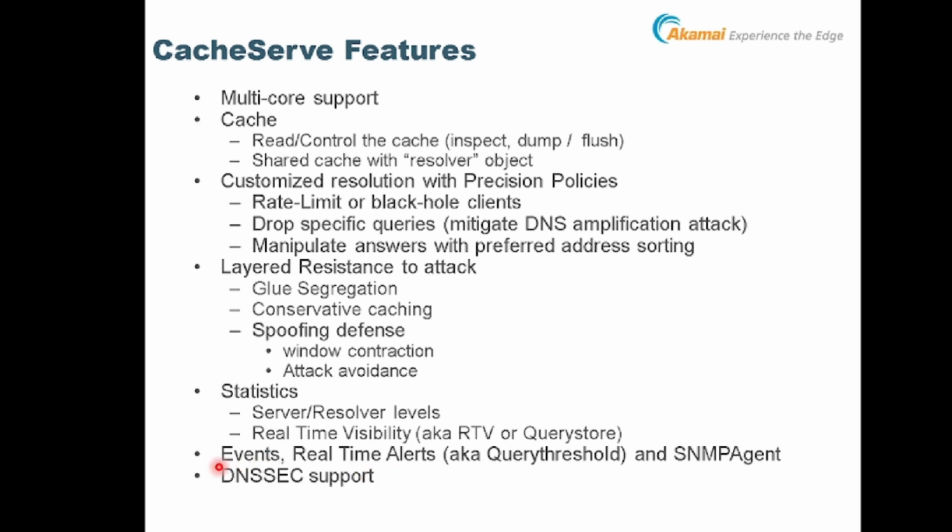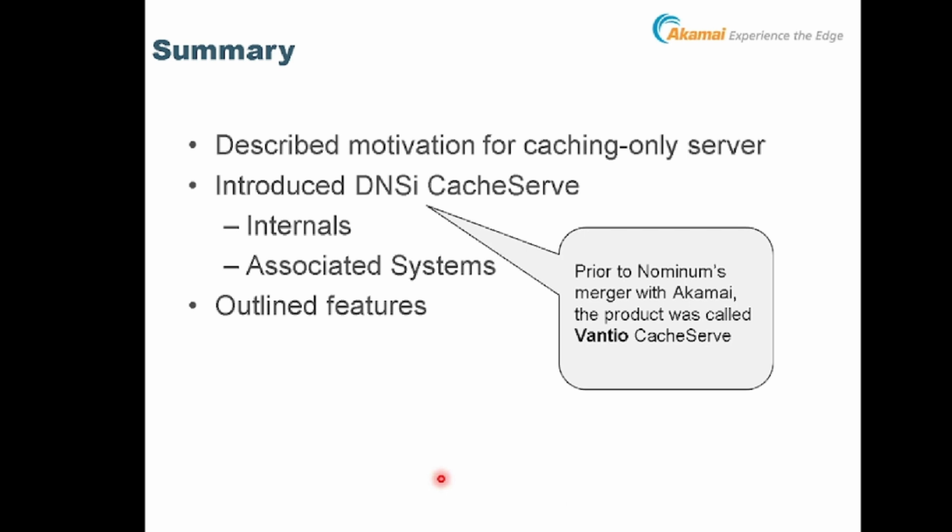So the bottom line is that while it's trivial to enable in CacheServe, the decision to do so is not one that operators will take lightly. Okay, so I think we've looked at everything that we want to do for an introduction.